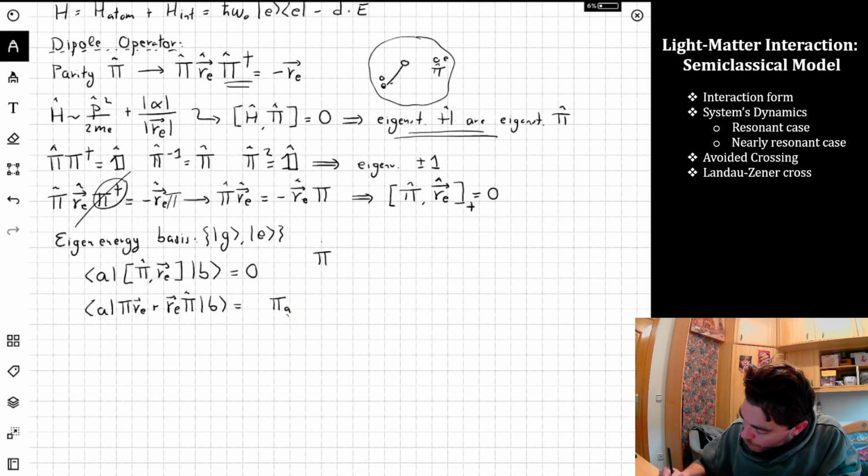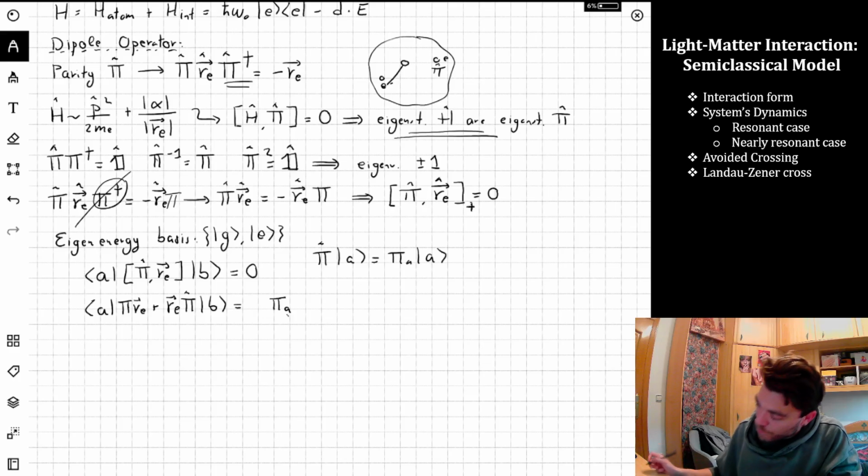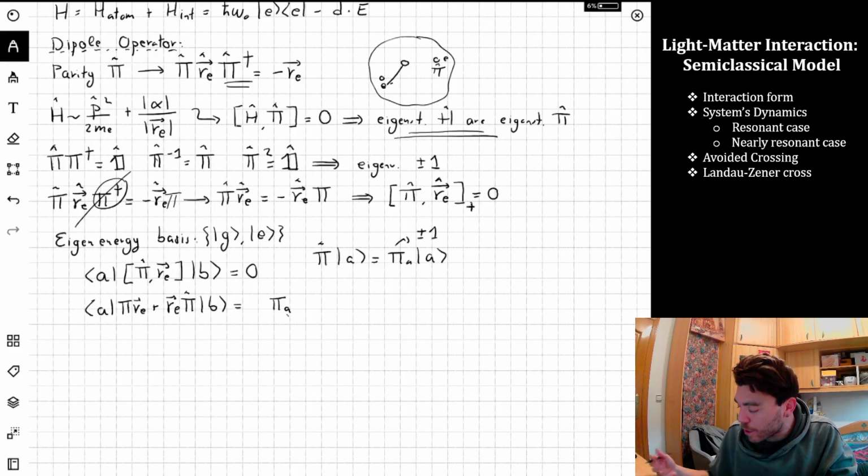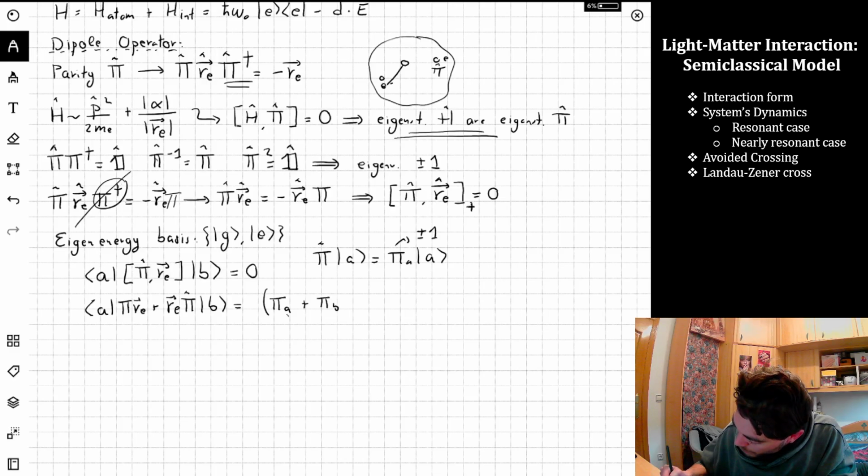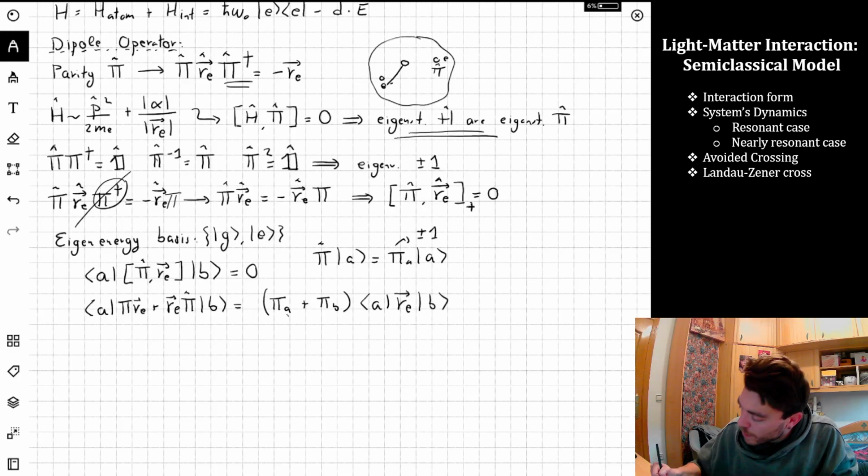What I mean is that if I apply pi over the state a, I just get pi a times the state a. And this pi a can only be plus or minus 1, depending on the symmetry of the wave function spatially. So this is true from the right and from the left. So I get pi b, and then I get this value here.